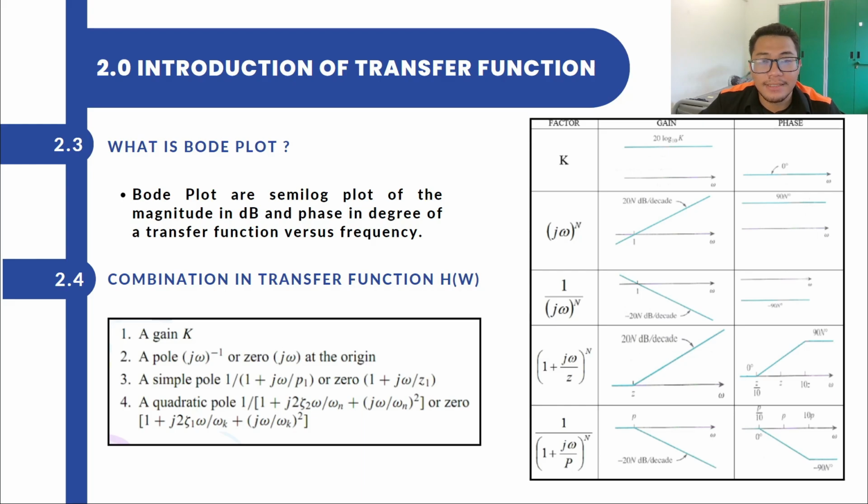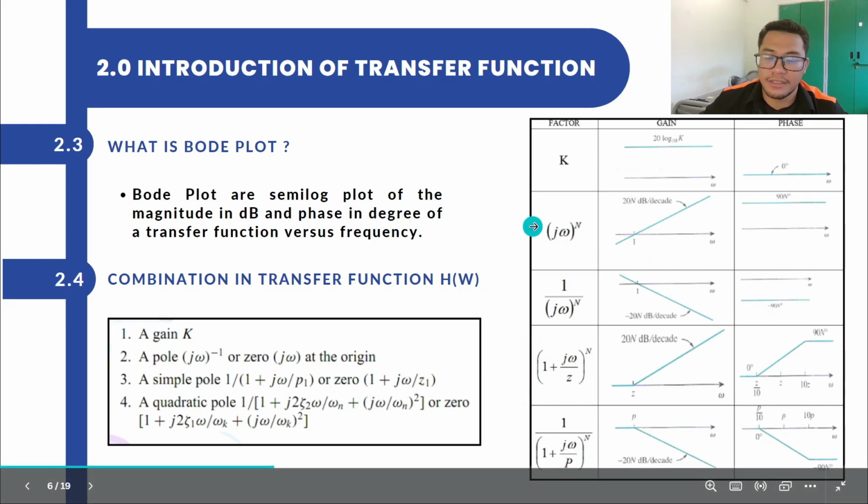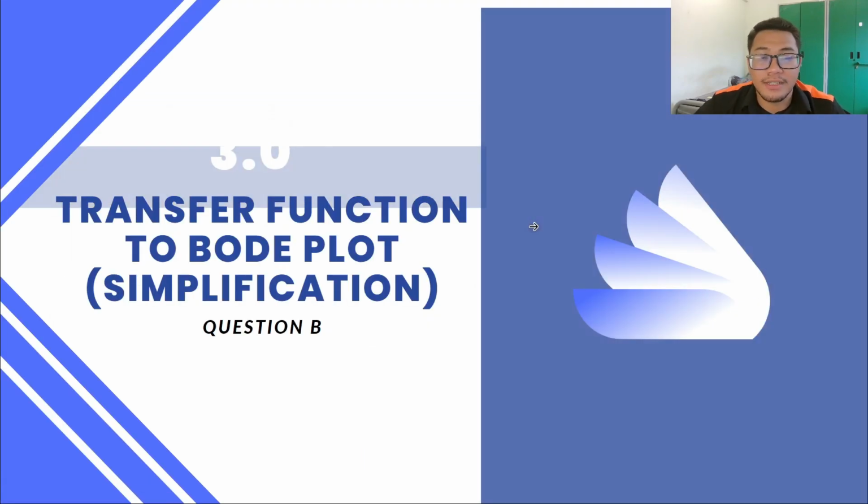Another one is a simple pole, equal to 1 over j omega over pole plus 1. Another one is 1 plus j omega over z. The table beside this, my friend AJ will explain further in another section. So we move to the next slide.